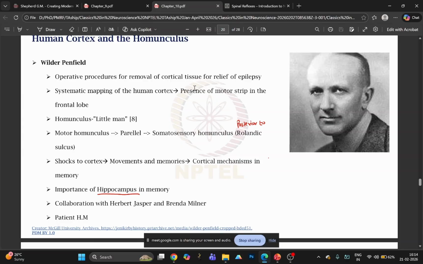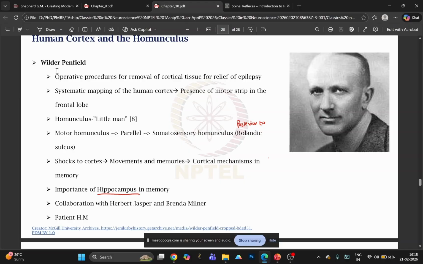That can happen throughout the brain, or there can be focal seizures, where certain regions of the brain are affected. So in such cases, Wilder Penfield at that time was carrying out operations to remove cortex tissue so that in some cases it might help relieve the person of epilepsy.